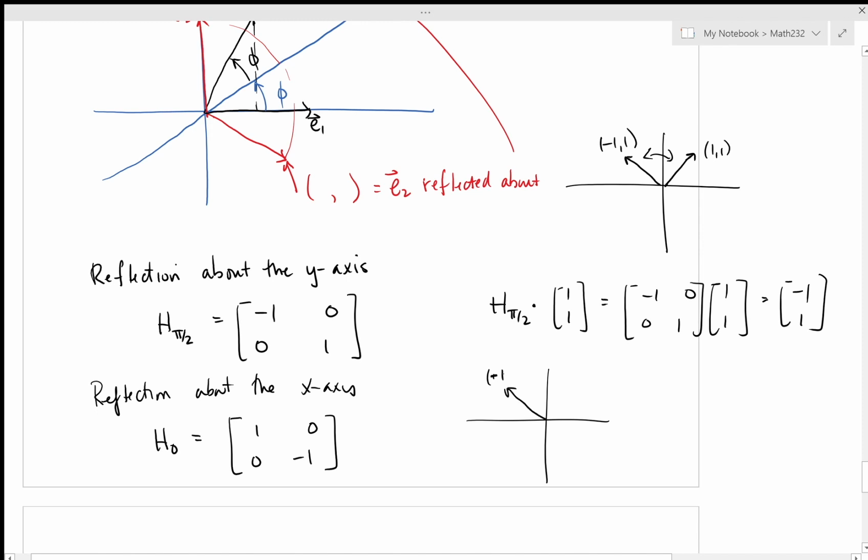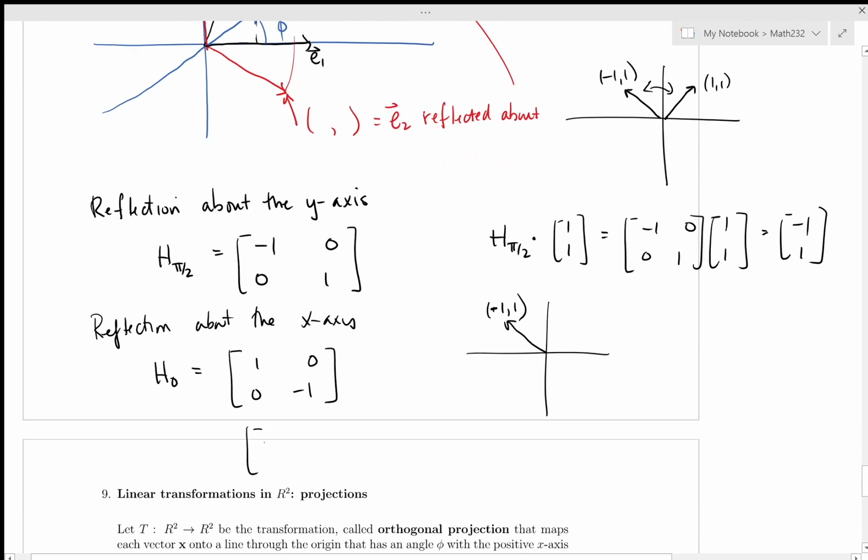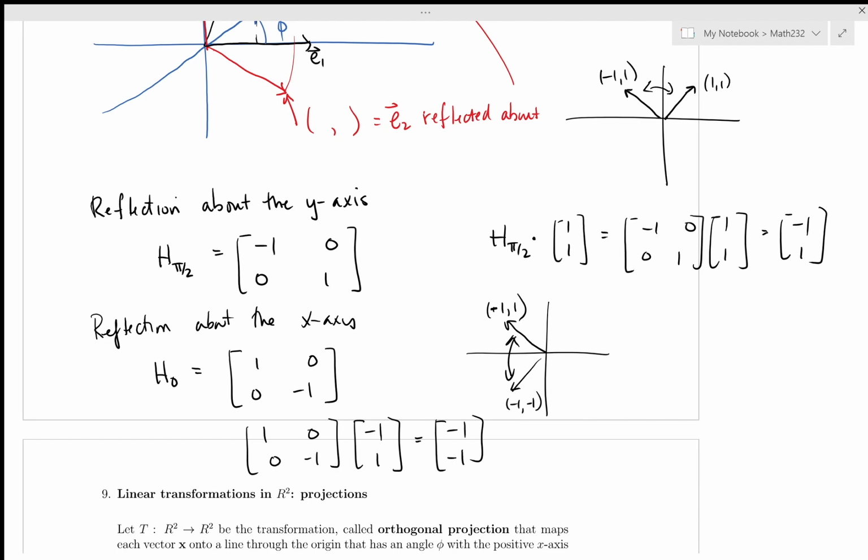And I will then take that vector, minus 1, 1, and I will multiply on the left by this matrix. And what will I get? Let's see, I will get minus 1 and minus 1. That is right here. Minus 1, minus 1. So I got reflection across the x-axis. So now with this matrix in hand, I can figure out how to reflect across any line.